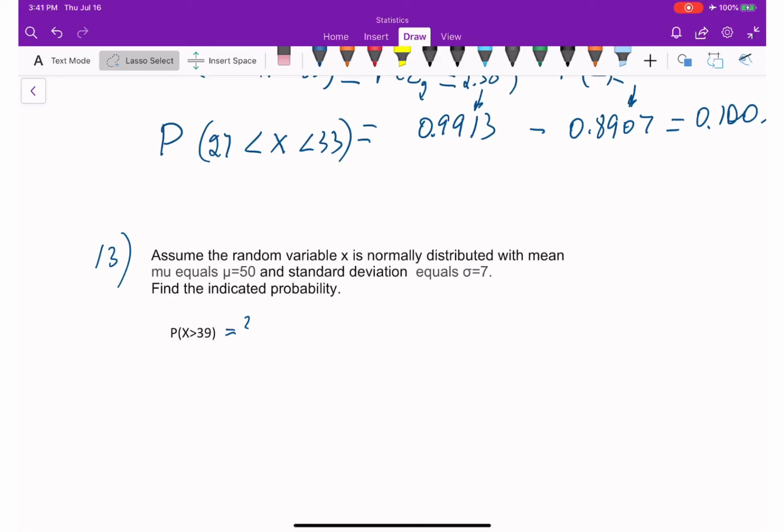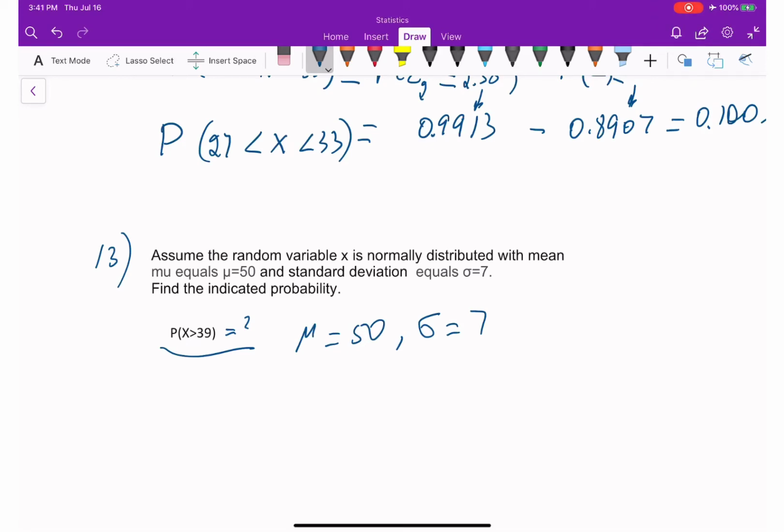So mu is equal 50. And standard deviation is 7. So we need to find probability of x greater than 39. It's greater than, which means we have to subtract from 1, right?